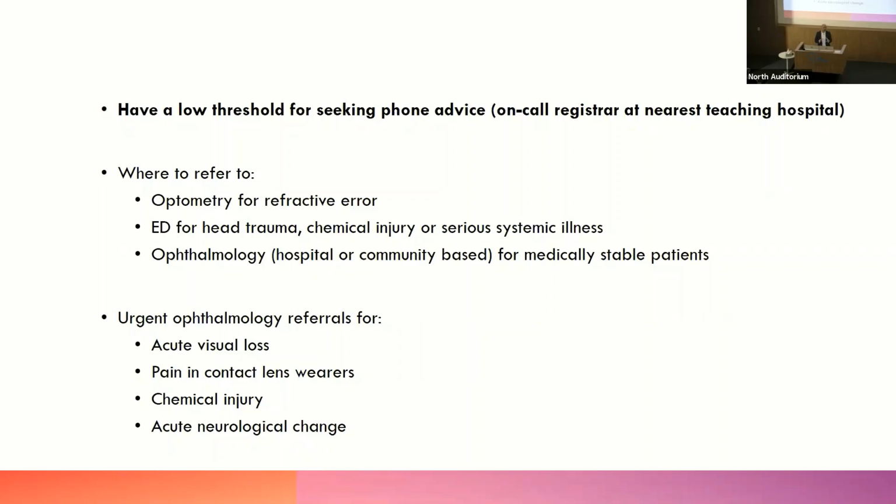That's not common, but it's possible, and it's definitely possible for a person to permanently go blind if the contact lens infection is caught late. So a painful contact lens wearer, urgent referral. Chemical injury, again, potentially blinding. The clock's definitely ticking. These are time-sensitive conditions. And obviously any acute neurological change, from my point of view, that's a brain tumor until proven otherwise, right?